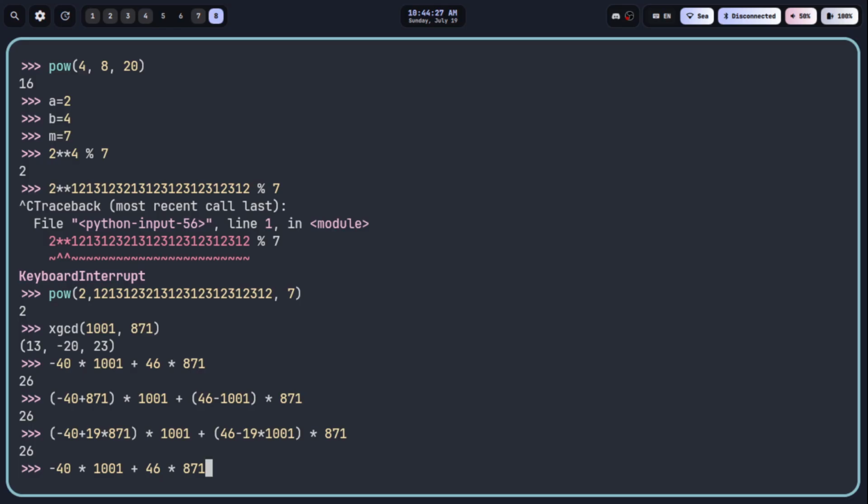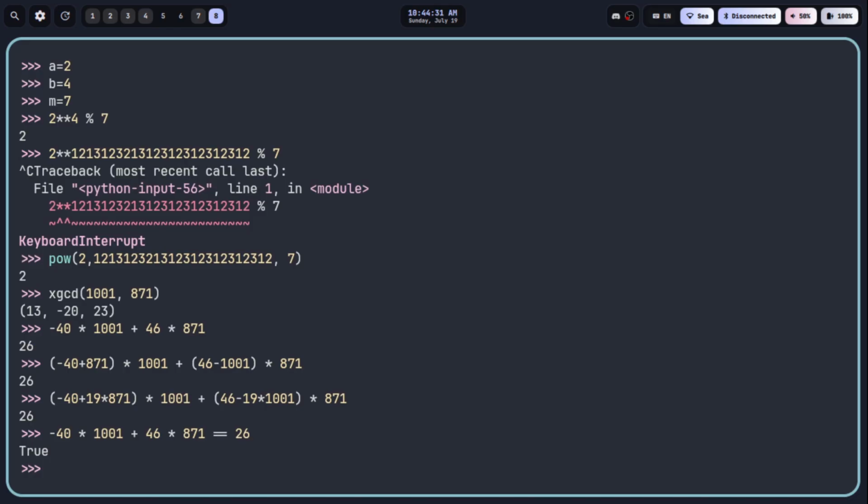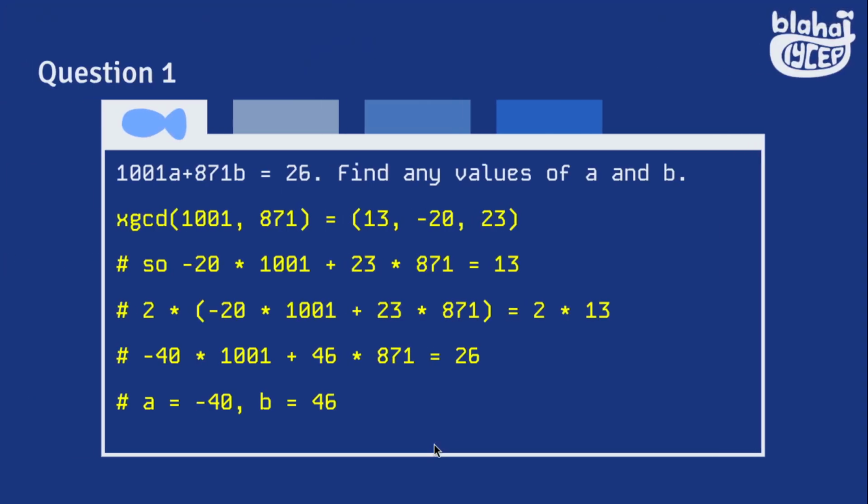And this is just 26. So, everyone following? Everyone gets why this monstrosity of an equation gives us 26? Alright, nice. So, basically, we have an infinite number of solutions.